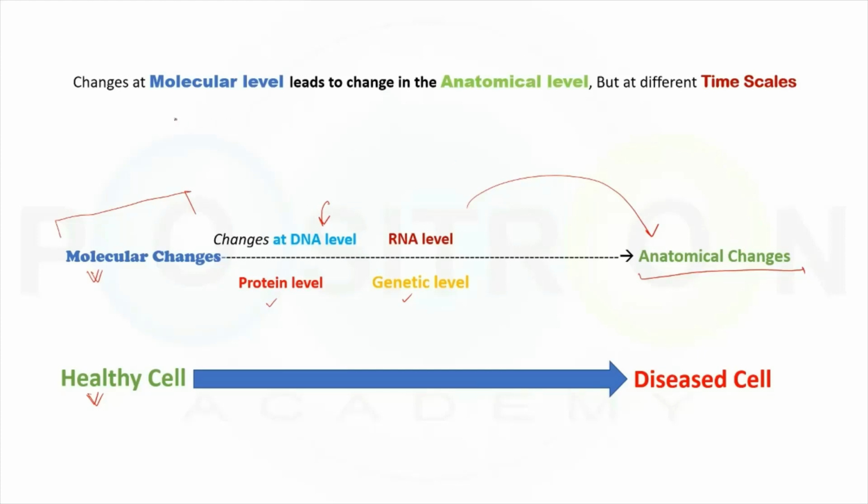So changes at the molecular level lead to changes at the anatomical level, but at a different time scale. These molecular changes, like changes in DNA and changes in protein expression, occur very early, and because of the accumulation of these changes over time, they lead to a significant anatomical change, and then we get to know that we have a disease.